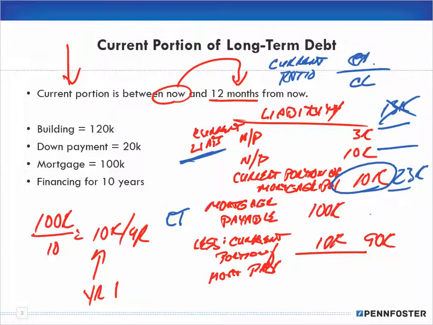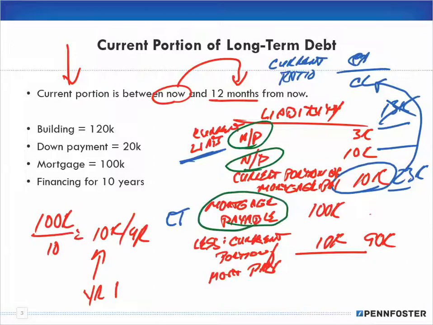And of course, when you plug that number into your current ratio, that's going to change the value of that ratio. So when we're looking at things from a day-to-day general ledger account perspective, yeah, we're going to have our accounts payable, our notes payable, and our mortgage payable, and they're going to have balances in those accounts.